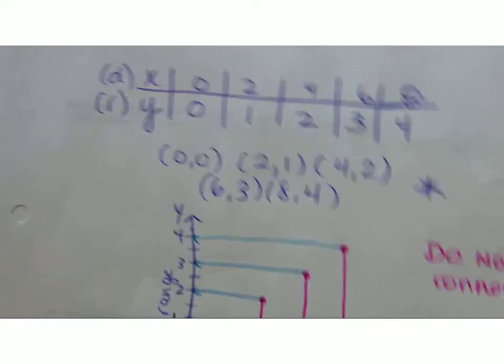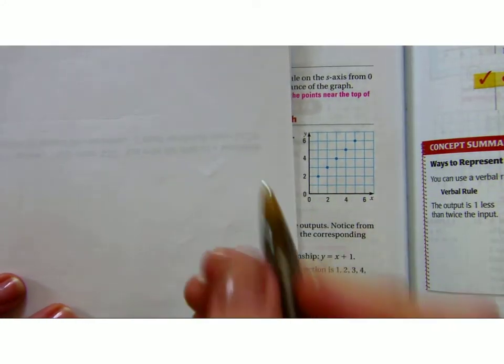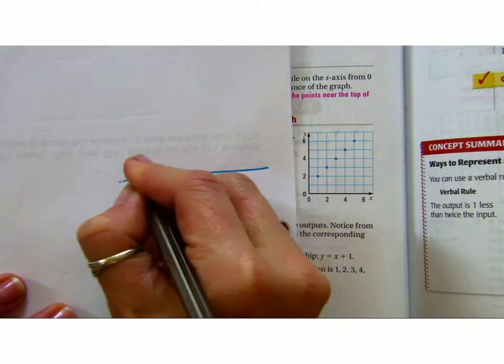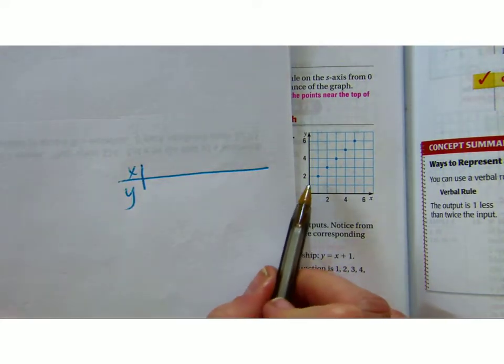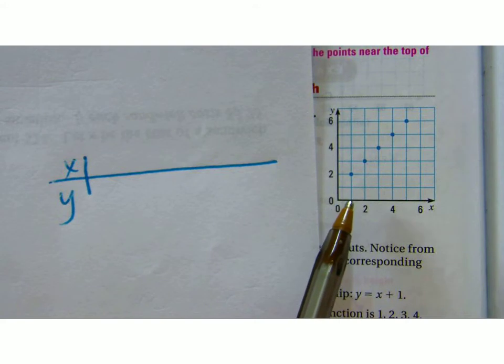So let's take a look at this graph right here. All right, this one, you have it in your book, but let's pull these points out of here. So what's the first point that you see? What's the name of that point right here? Let me zoom in. The name of this point is what? 1, 2. Could I just do this right here?